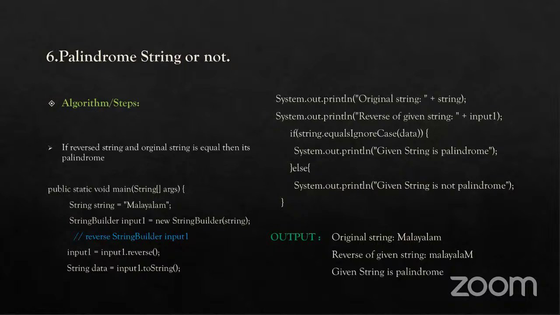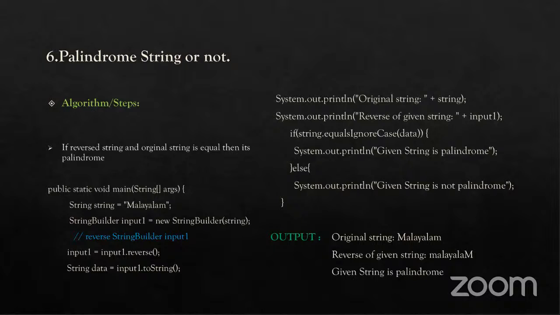How can we calculate it after reversing a string? After reversing a string, we have that reversed string. When comparing the reversed string, if both strings are equal, that means the original string and the reversed string are equal, so the string is a palindrome. If it is not equal, the string is not a palindrome.